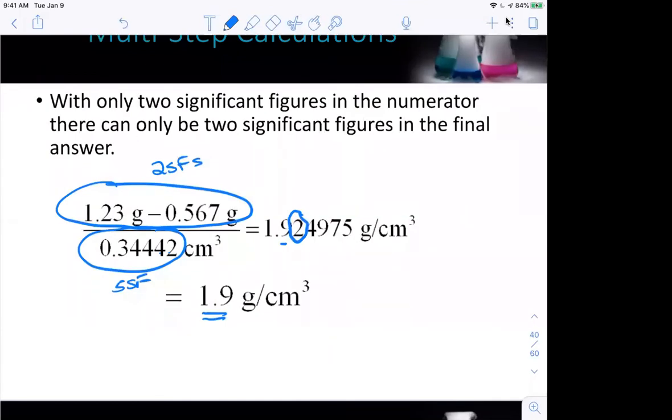You cannot easily predict the number of significant figures unless I line things up and look at the decimal places. Just because there are 2 after the decimal does not mean my answer is going to have 2 significant figures, because I don't know what's going to happen with what comes before the decimal place. So pay special attention to that.